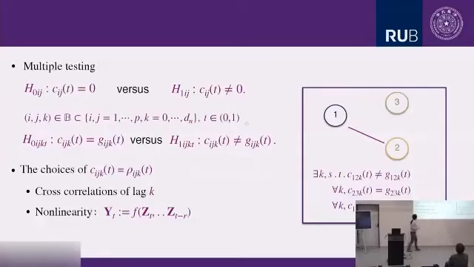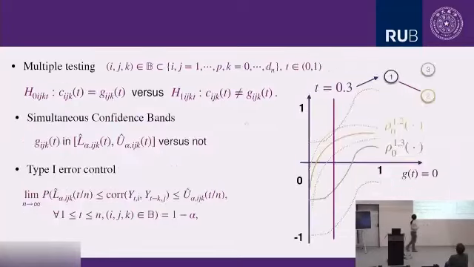In this paper, we primarily focus on the case where C is the correlation function and k is the lag in the correlation function. We can also extend it to have measures beyond linearity.